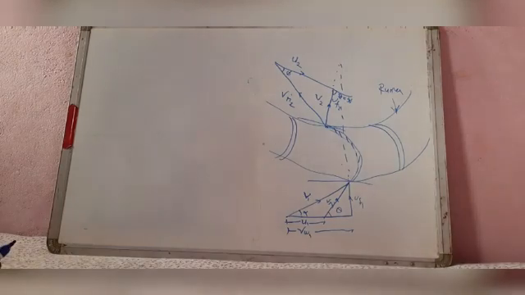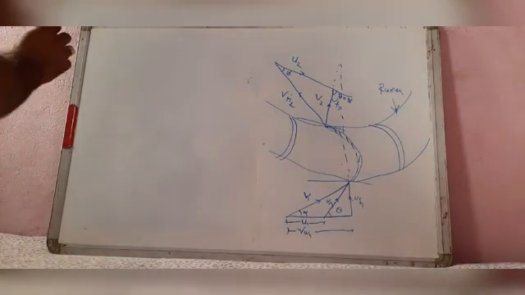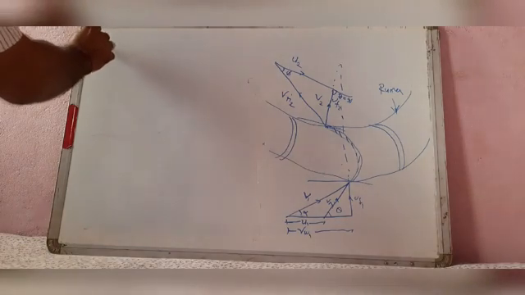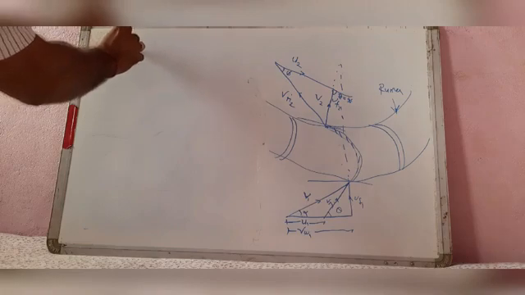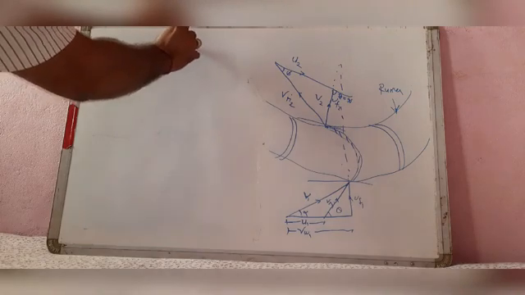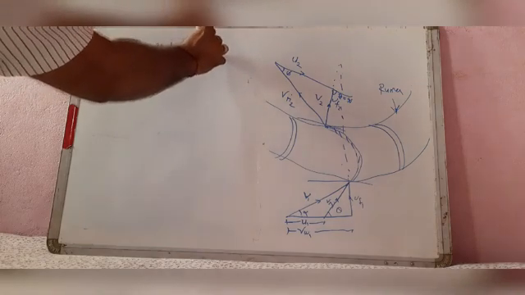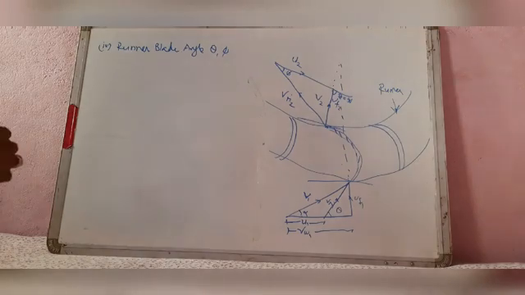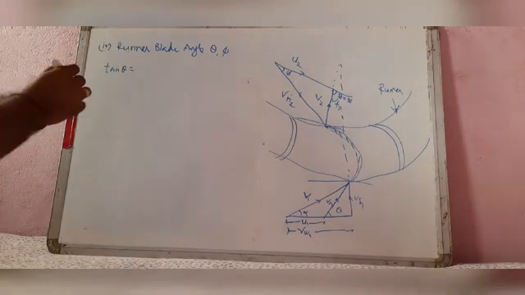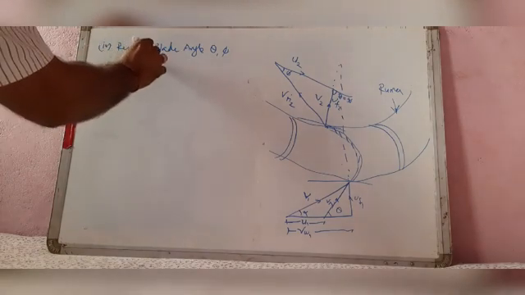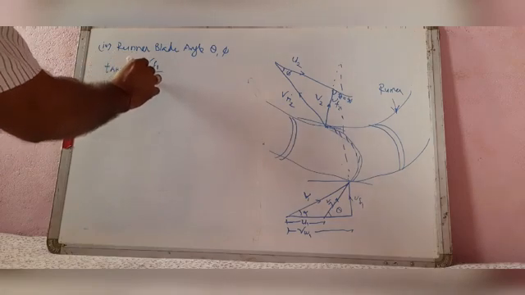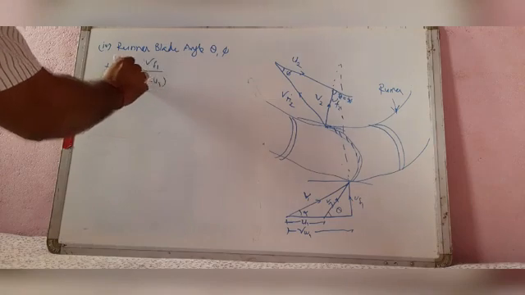Next we have to find the runner blade angles, theta and phi. Tan theta equal to VF1 by (VW1 minus U1).